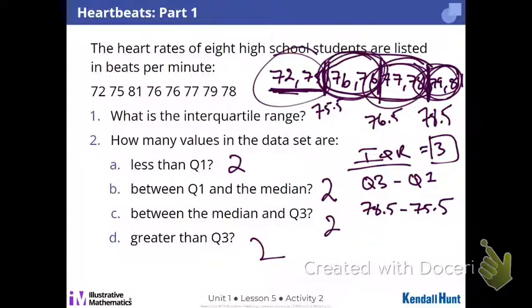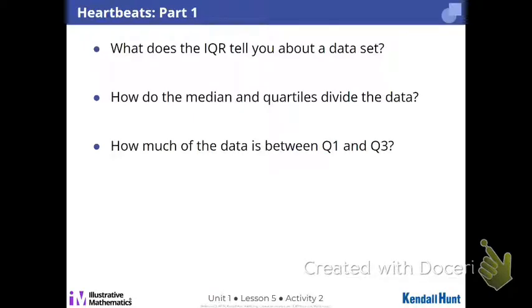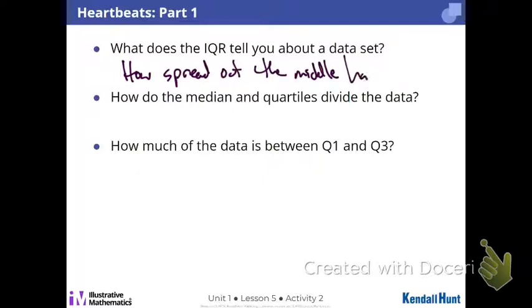So to summarize, the interquartile range tells you how spread out the middle half of the data is. Two quartiles in the middle, interquartile. The median, how does the median divide the data? In half.